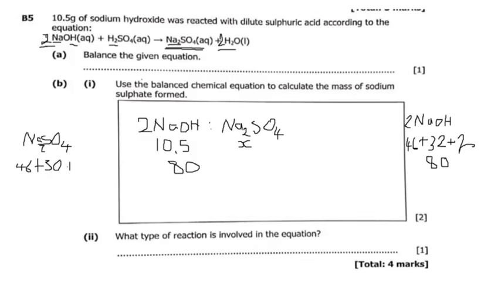We also have oxygens. Oxygens, they are 16. So 16, the mass number of oxygen, multiplied by 4 atoms there. So we are getting 64.